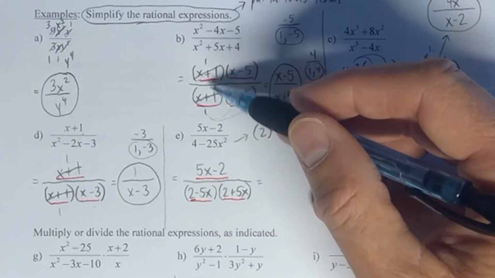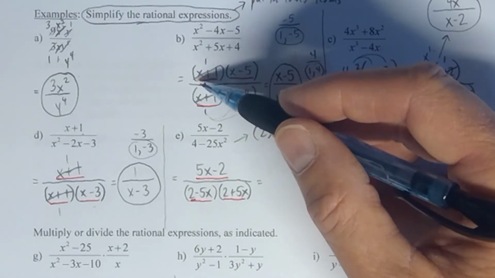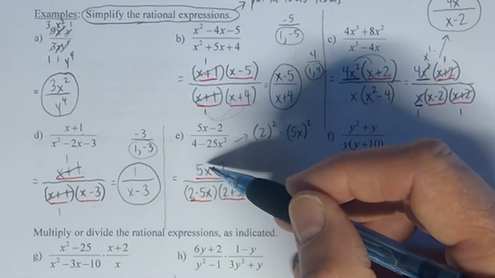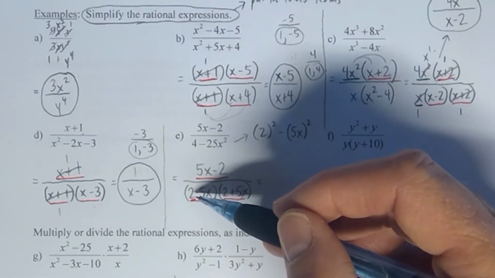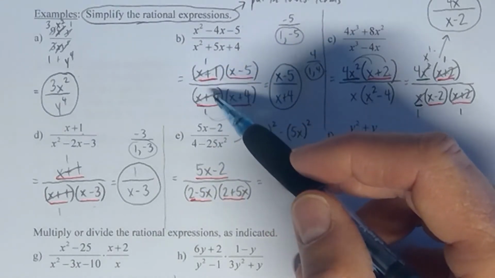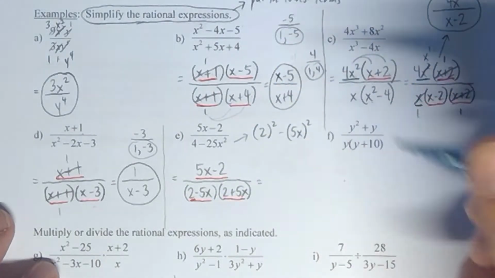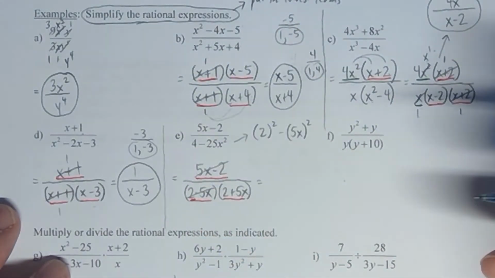So they either have to be exactly the same like up here, where they're both the same sign, positive x, and positive 1, or they both have to be opposite sign, 5x, negative 2, positive 2. So they either have to both be the same sign, or they both have to be the opposite sign. If they are both the opposite sign, then what you do is you don't say 1 over 1.